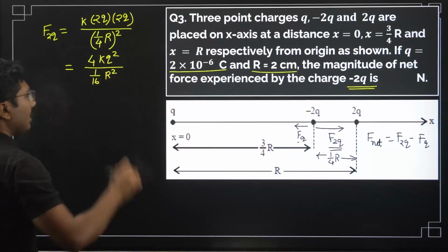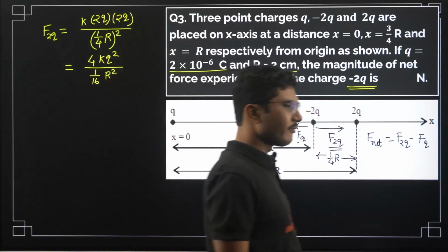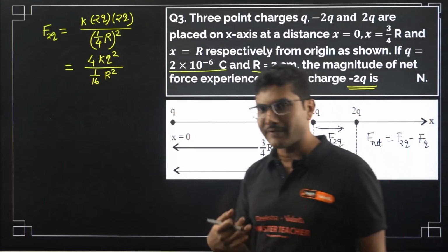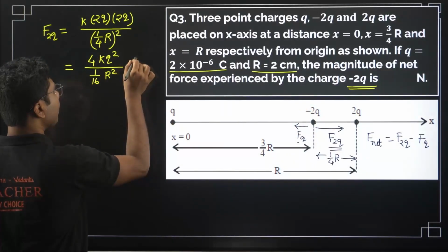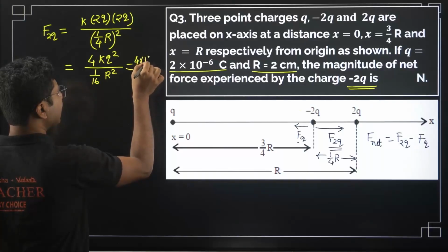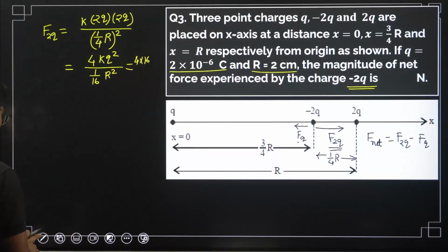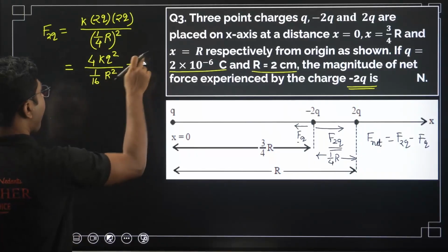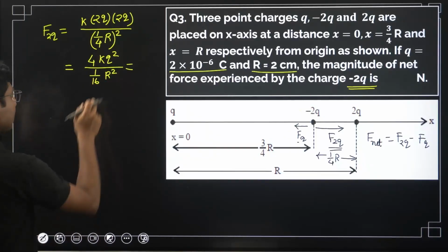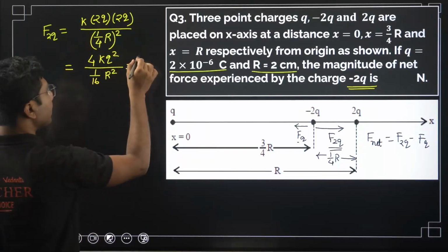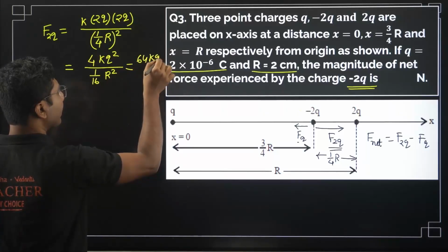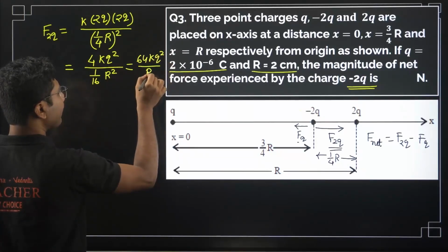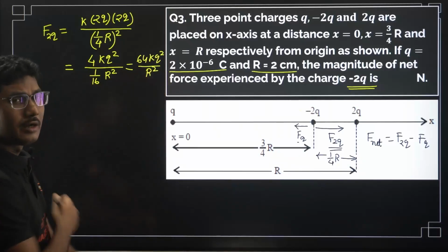I will not insert the values right now, I will insert the values after I simplify the entire equation. So it will be 4 into 16, that is 64. This 1 by 16, 16 will go up. So it will be 64 k q square by r square. Okay, so this is the F2q.